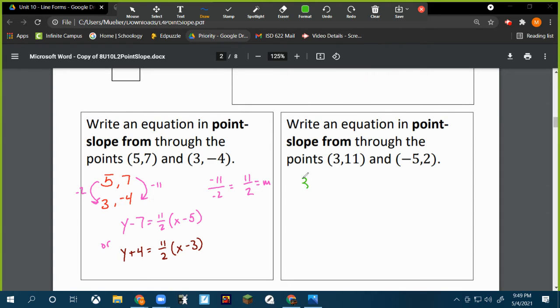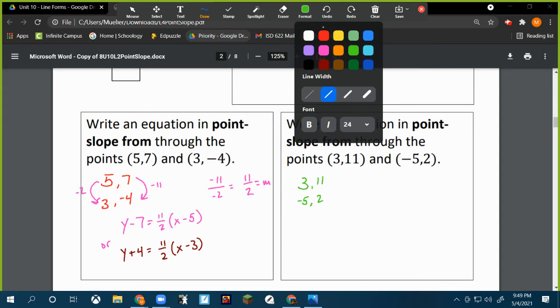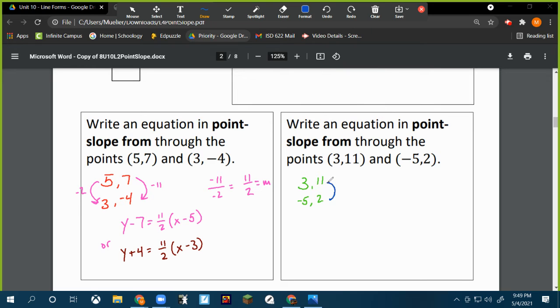Let's look here. Again, we're just going to write a little impromptu table here. From 11 to 2, that is -9. From 3 to -5, that is -8. So our slope, -9 over -8, which we can reduce down to +9/8.